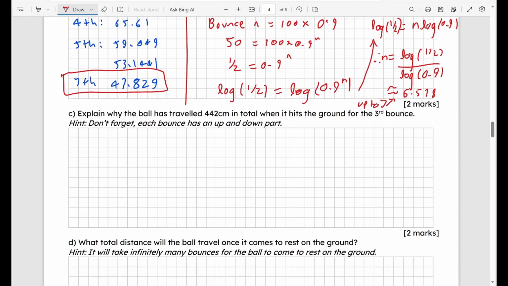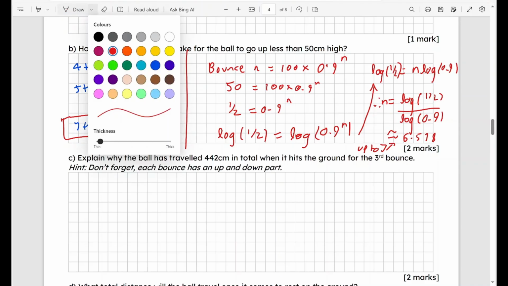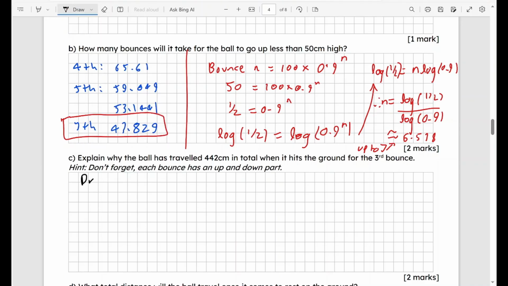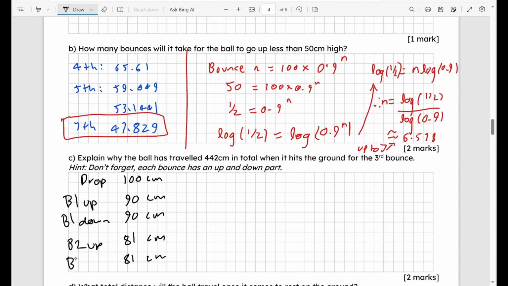Next we have explain why the ball's traveled that. So the drop is 100 centimeters. Bounce 1 going up is 90 centimeters. Bounce 1 going down is also 90 centimeters. And then the next two are 81 and 81. Bounce 2 up, bounce 2 down.